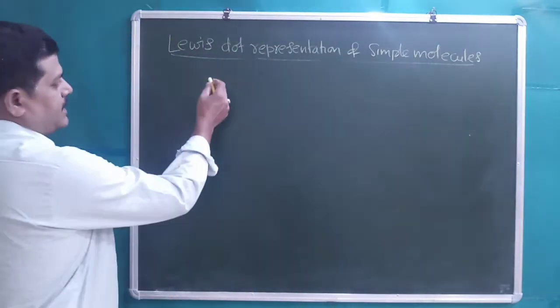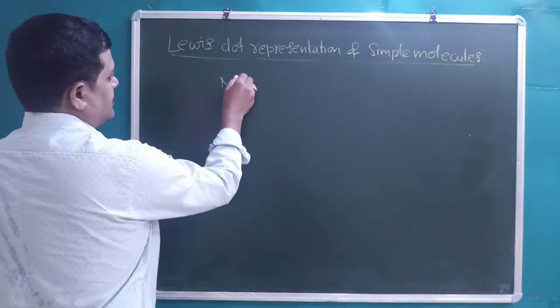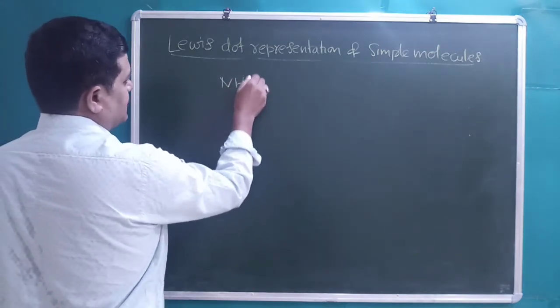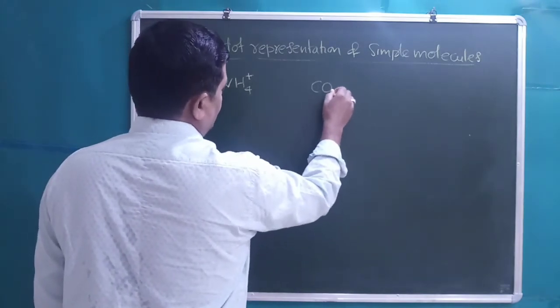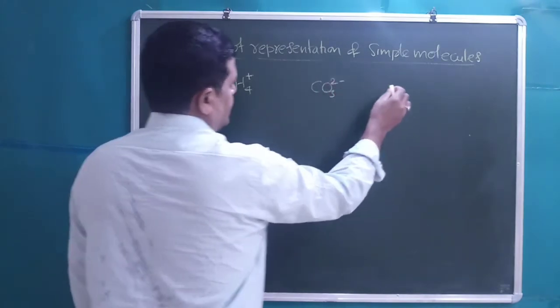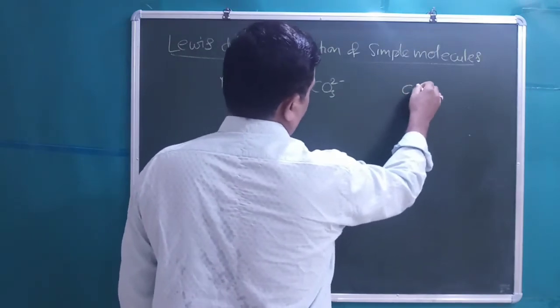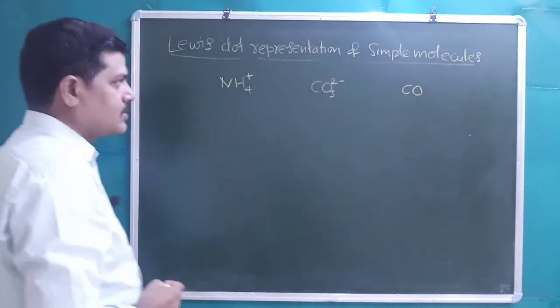Students, let us take one positively charged ion, NH4 plus, one negatively charged ion, CO3 2 minus, and one neutral molecule, carbon monoxide.